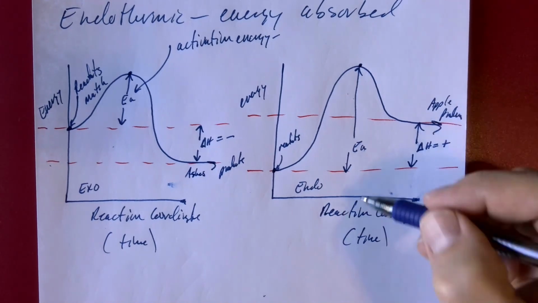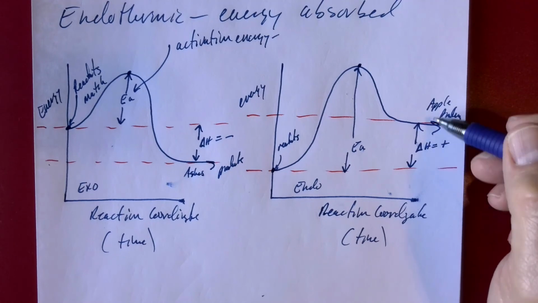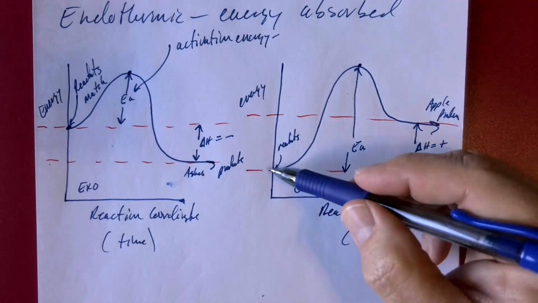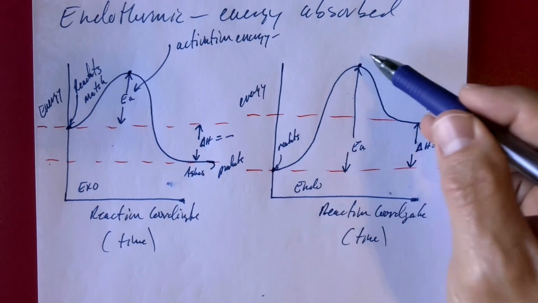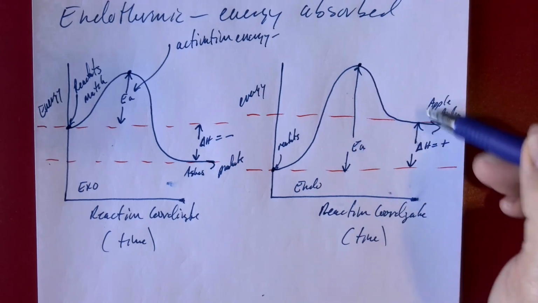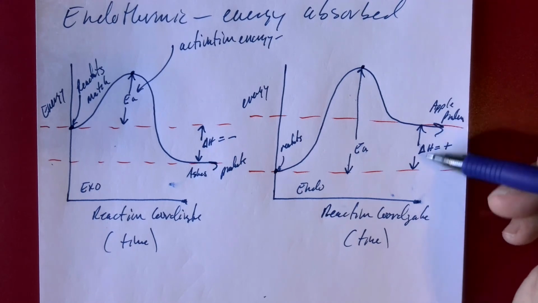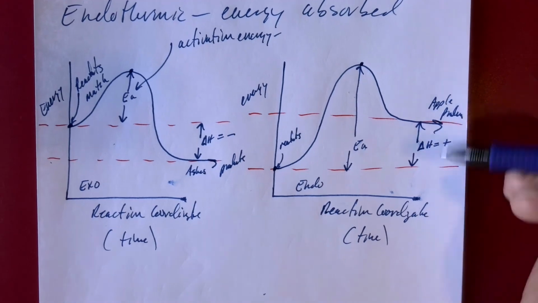Now that apple, as we talked about, is an amount of stored energy, right? So what happens is the sun and water and carbon dioxide get this going, right? And that tree grows and it produces that apple. And obviously that apple has an amount of energy stored in it that then I will go and eat and release that energy.